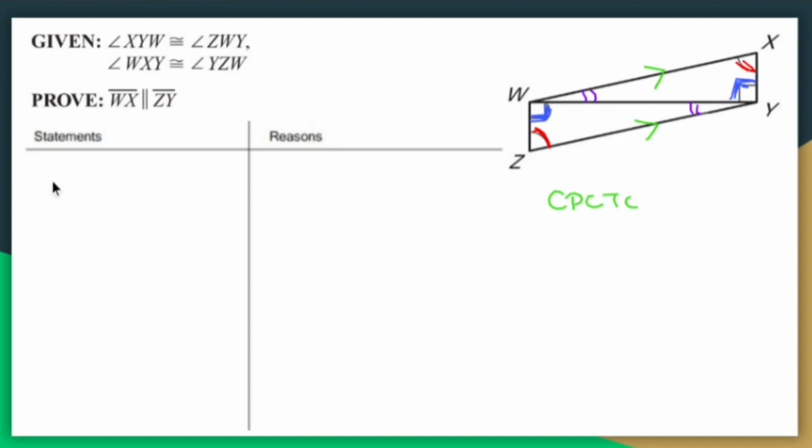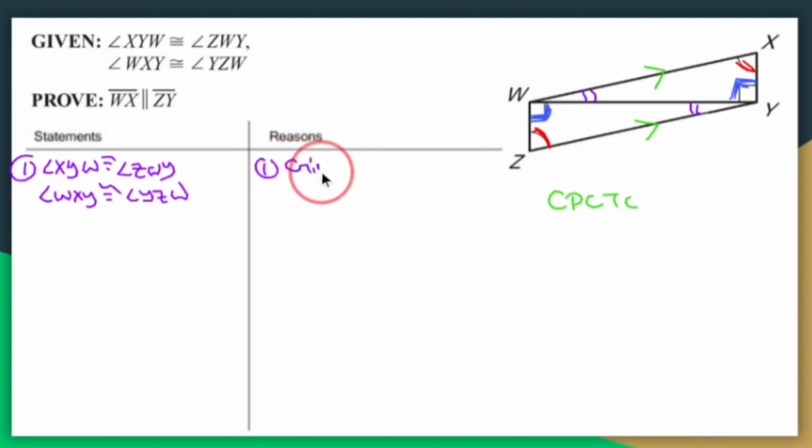Bear with me. Step number 1 is my given. Now my given, once again, gave me two angles.